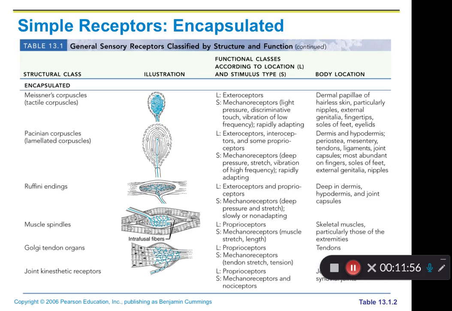So it can send the impulse information to the brain, and let the brain know the movement status of the muscles, and then the brain can control and regulate the muscle contraction much better, very well.